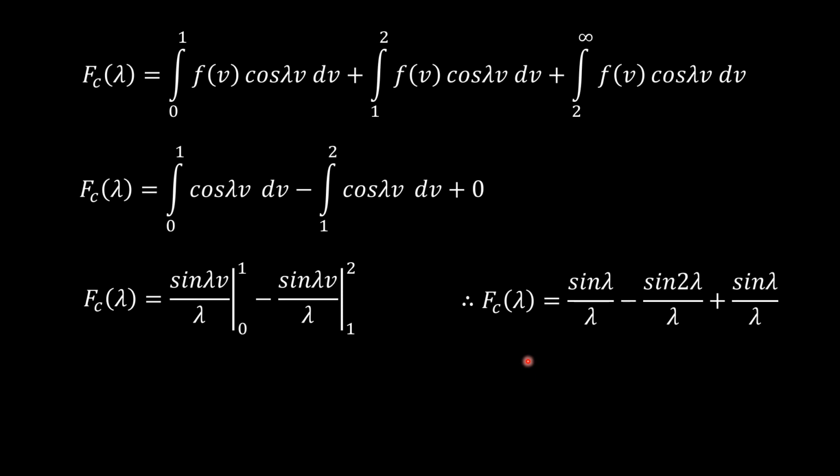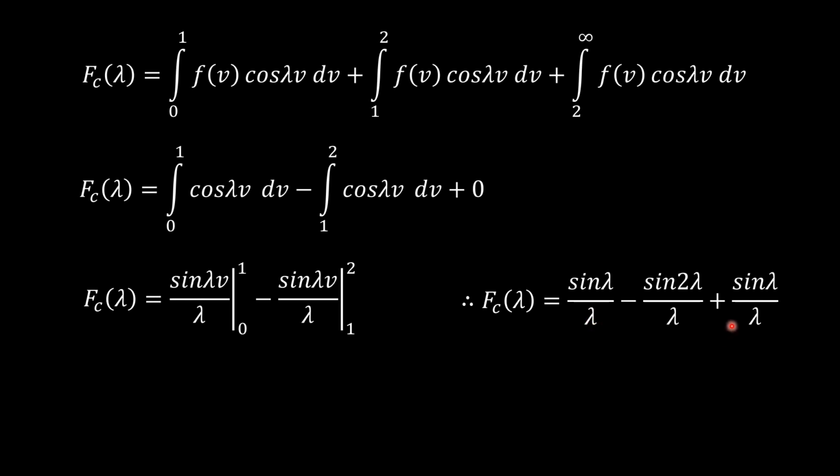It will give us epsilon lambda is equal to, put 1, so sin lambda upon lambda, minus sine at lower limit, that is at 0, sin 0 is 0, then minus sin 2 lambda upon lambda, minus minus plus, put v equal to 1, sin lambda upon lambda.